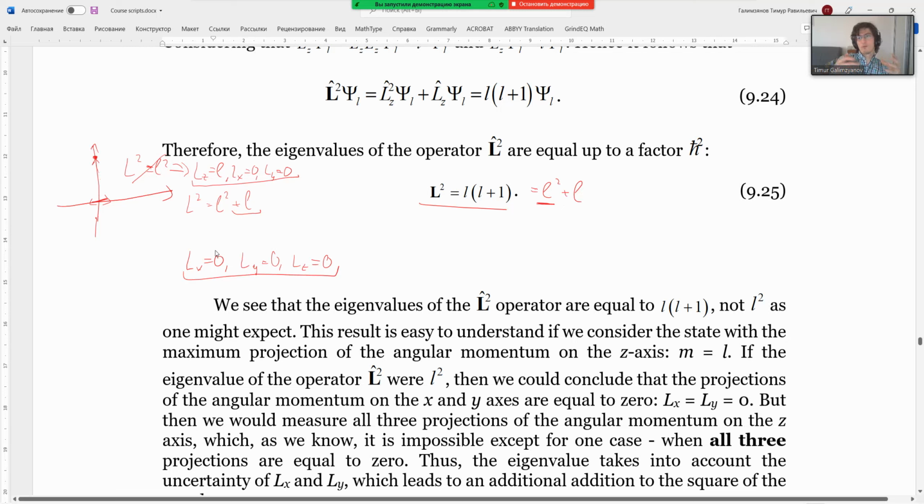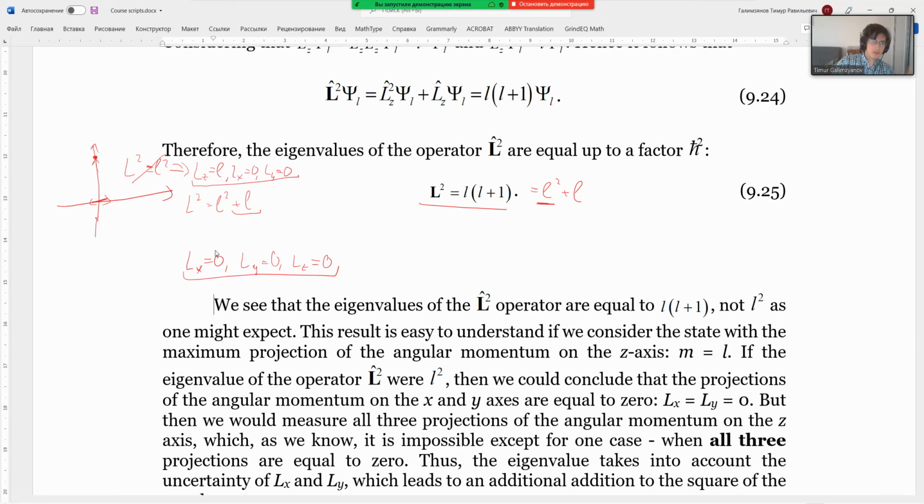If all projections of angular momentum equal 0, then they can be measured. So there can be a state in which all three projections equal 0.